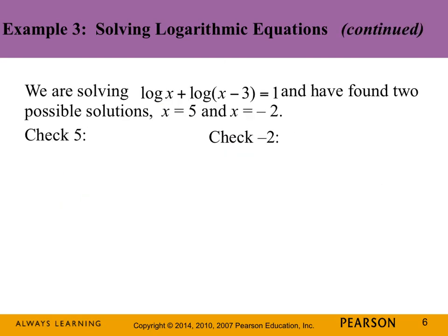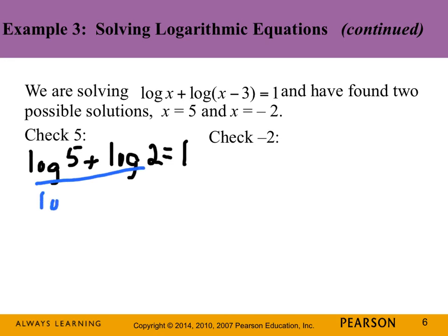So now to check our solutions. First we'll check the 5. The log of 5 plus the log, okay, 5 minus 3 is 2 equals 1. Okay, so we can condense what's here on the left.